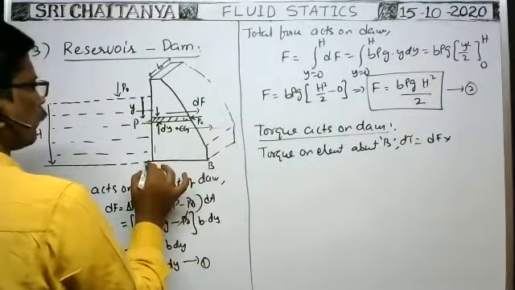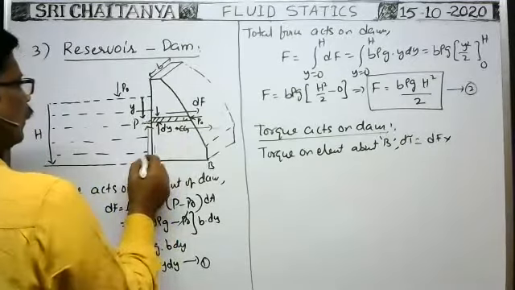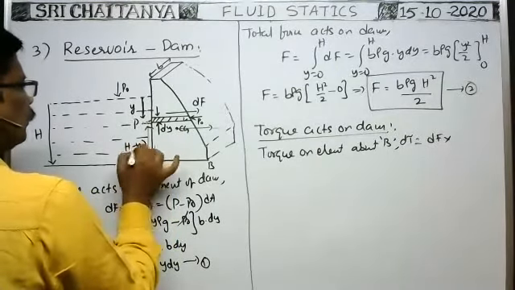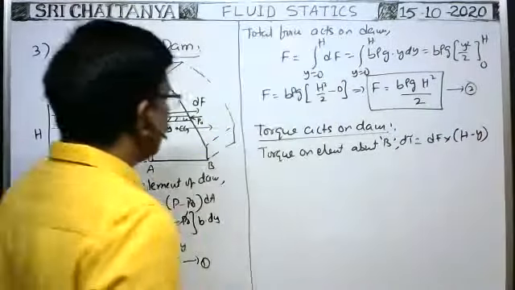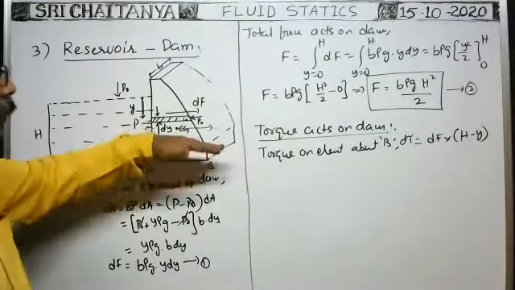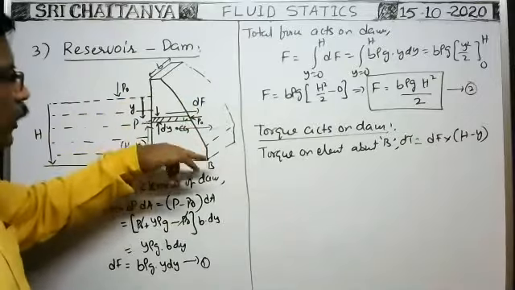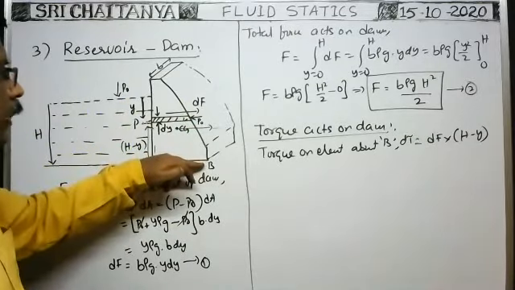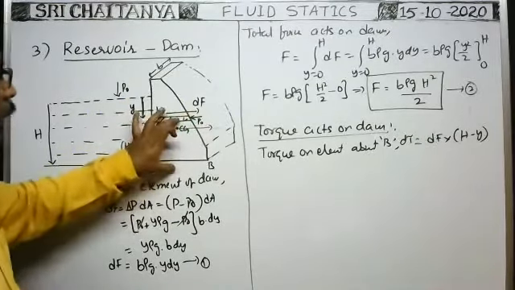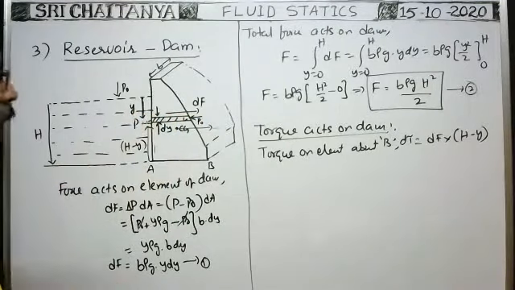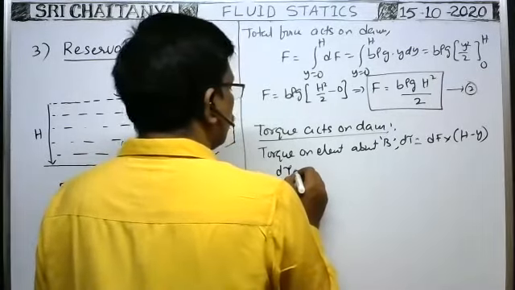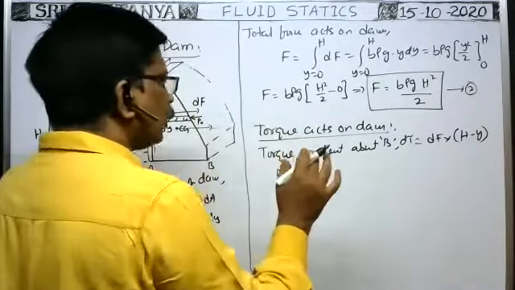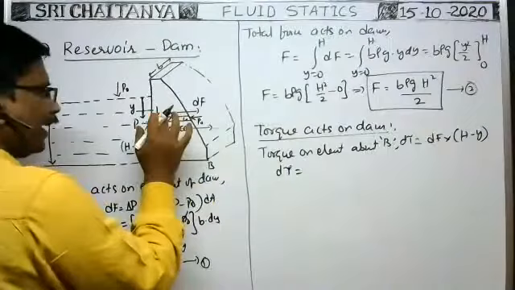This is the perpendicular distance, that is equal to capital H minus y. So force into the perpendicular distance of the direction of the force from the point about which torque is to be determined, that means df into this perpendicular distance, that is equal to capital H minus y. So d tau is the torque due to force acting on the element.